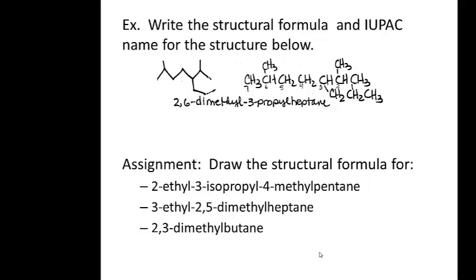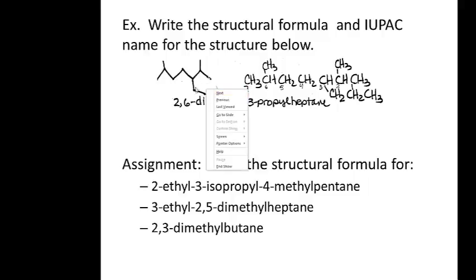This example asks you to write the structural formula and IUPAC name for the structure below. Again, I have a little bit of difficulty with this, but what I did was I found the longest chain that could be done.